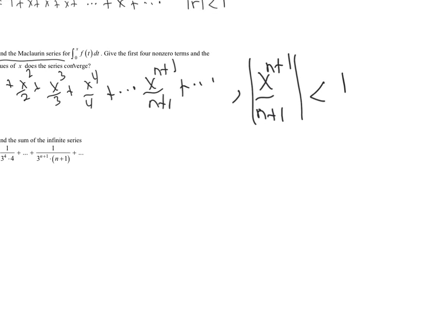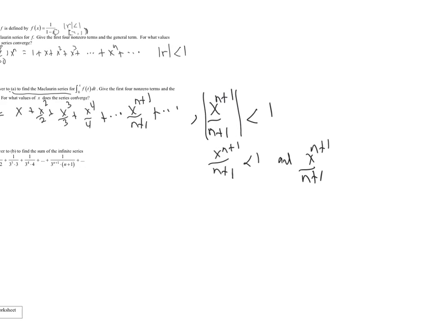That tells me x to the n plus 1 over n plus 1 has to be less than 1, and it has to be greater than negative 1. Multiply both sides by n plus 1. I get x to the n plus 1 is less than n plus 1.